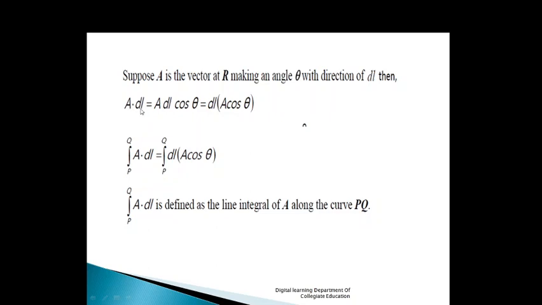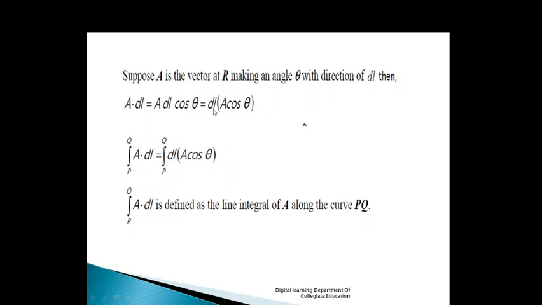Then it can be written as vector A dot vector dl equal to A dl cos theta, according to the dot product: multiplication of two vectors is equal to the product of the two vectors and the cosine of the angle between them.